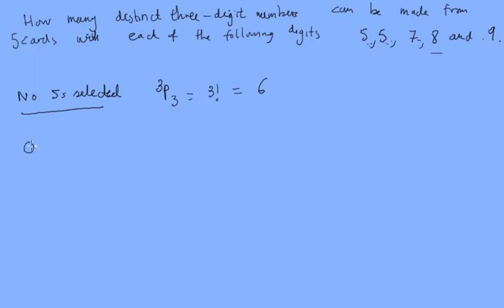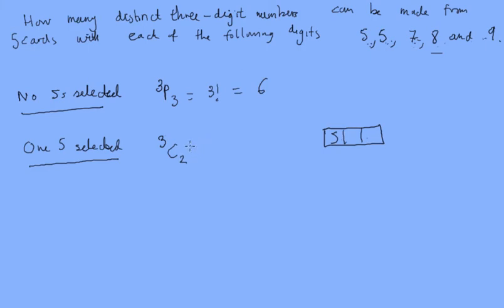Now what if we have 1 5 selected? So in this situation, let's think about this. We've got our 3-digit numbers, and one of them is going to be a 5. We don't know where that 5 is going to be. That means that we can only pick 2 from these 3 digits remaining. So this can be a combination. We've got our 3 possible numbers and we're choosing 2 of them.